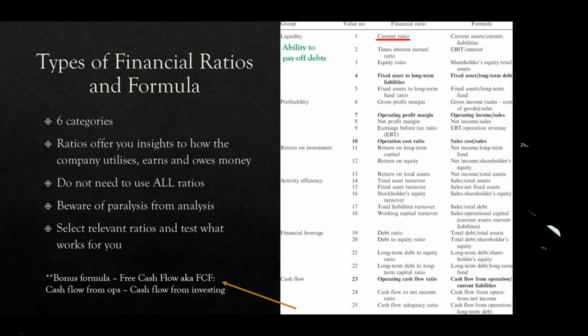Okay. So my question to you all is, current assets and current liabilities, they come from which part of the financial statement? Anyone?